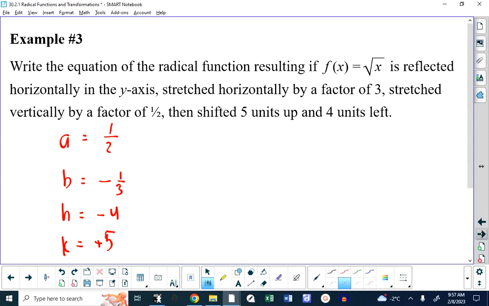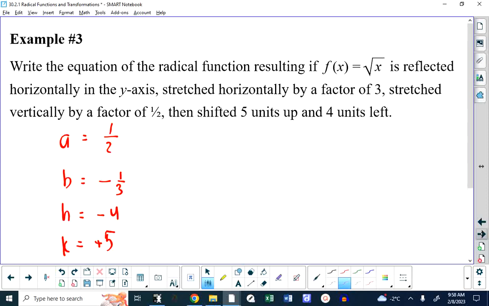It's also stretched vertically by a factor of 1/2. The vertical stretch factor is always a, the absolute value of a, but there's no vertical reflection, so a is 1/2. And then 5 units up means k is 5, and 4 units left means h is negative 4. We can live with that?